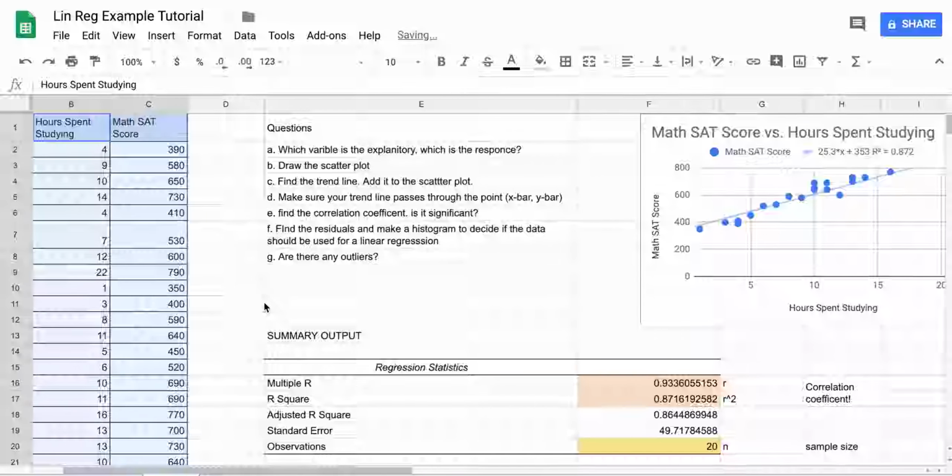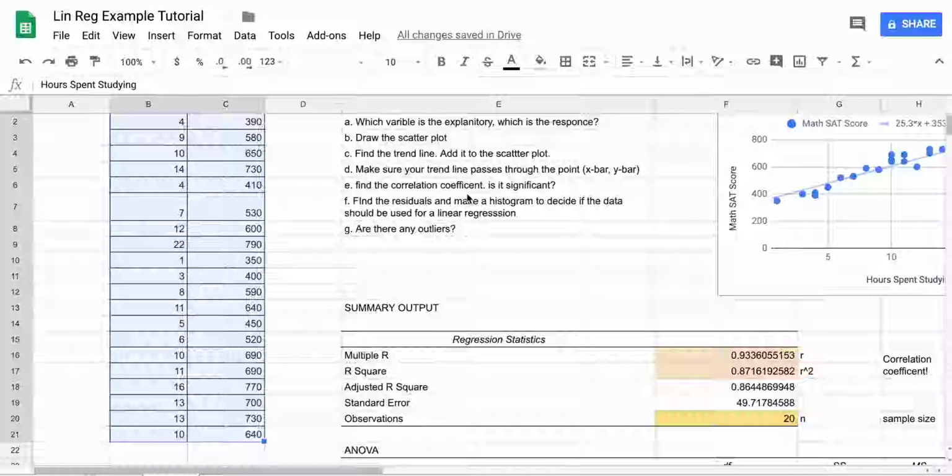The next thing that we were asked to do is to make sure that wherever we round our trend line to, that it's actually passing through that point x bar, y bar, where x bar is the average of the observed x's and y bar is the average of the observed y's. So let's create that x bar, y bar.